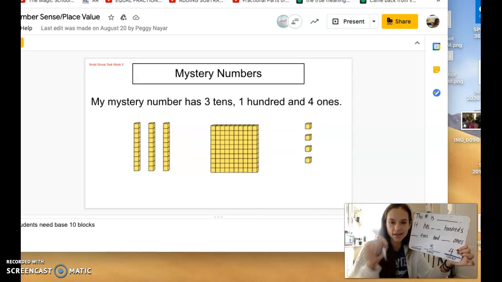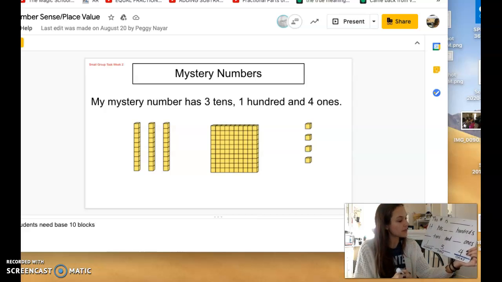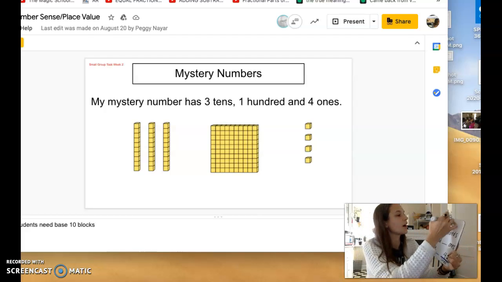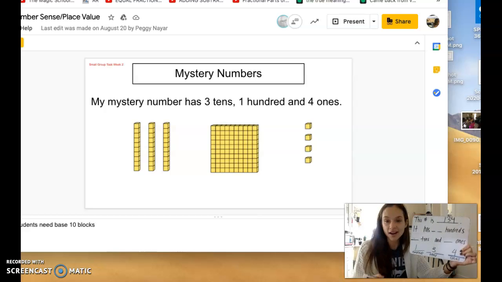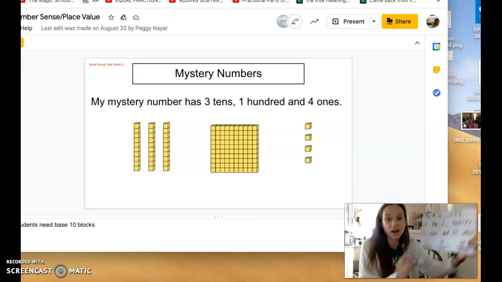Whisper it to me. 100. So we have a number here. This number is 134. The mystery number is 134. It has 100, 3 tens, and 4 ones.